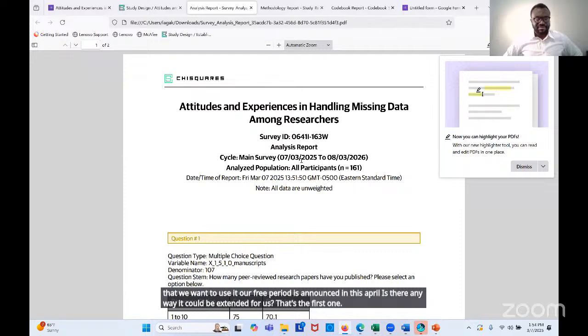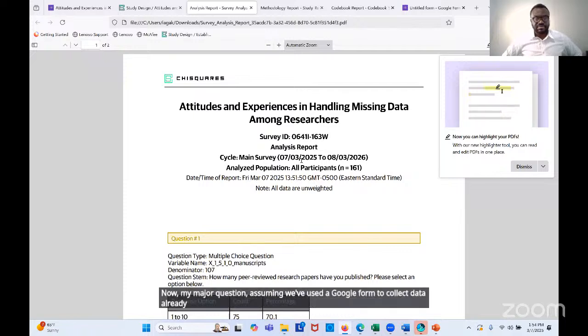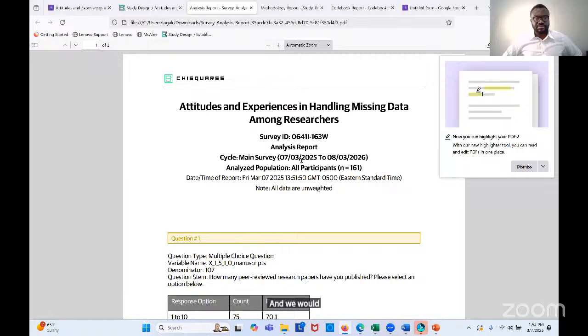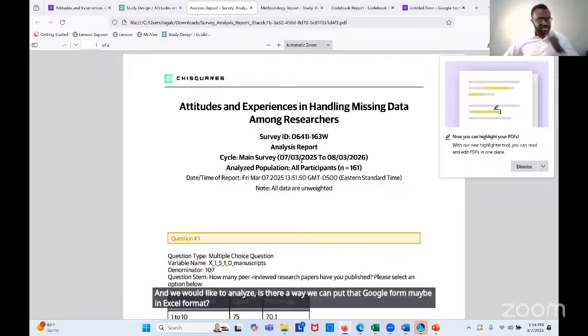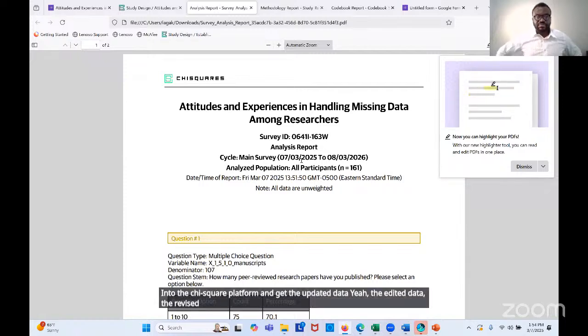Now, my major question: assuming we've used a Google form to collect data already from some people, and we would like to analyze it, is there a way we can put that Google form, maybe in Excel format, into the Chisquares platform and get the updated, edited, or revised data that we can use for data analysis?